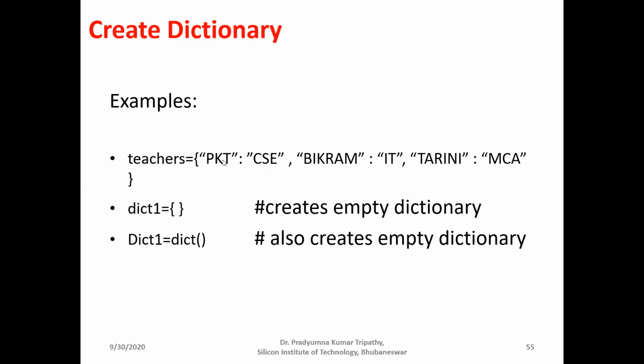So you can see over here, in every case, we have taken key as a string. String is allowed because string is immutable.